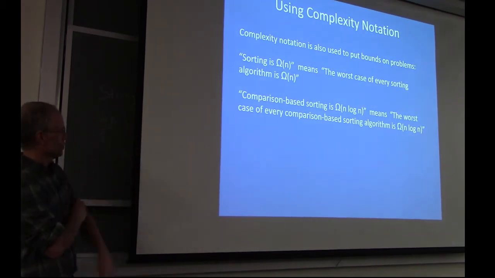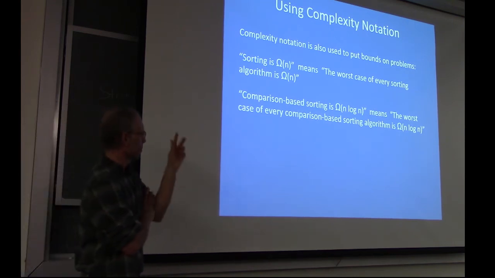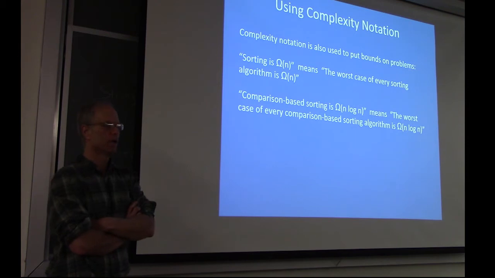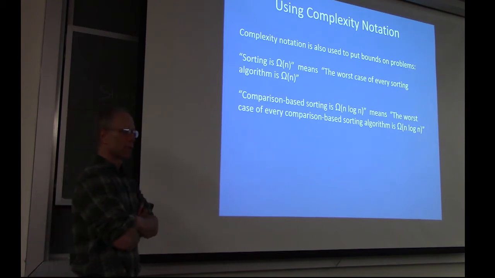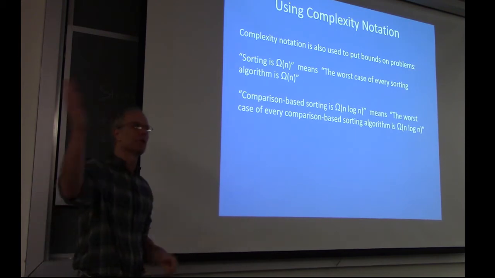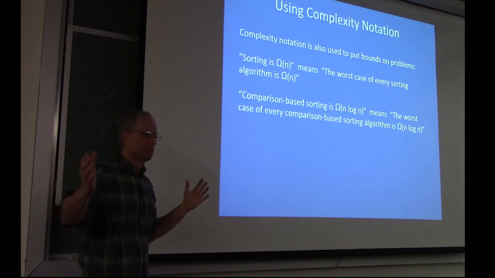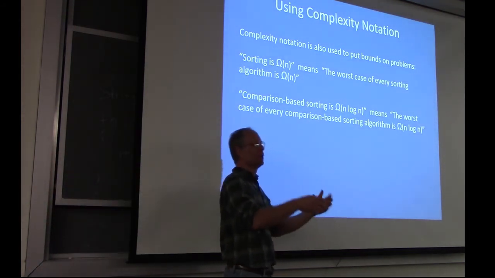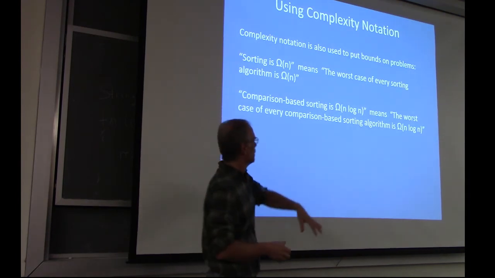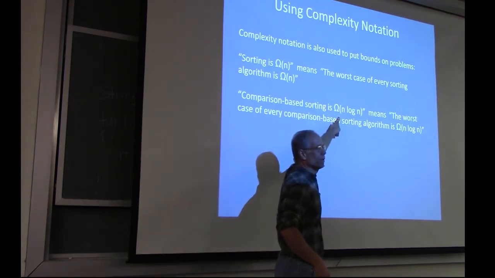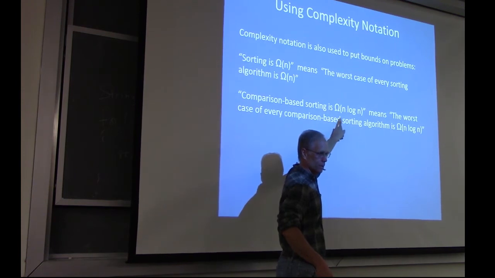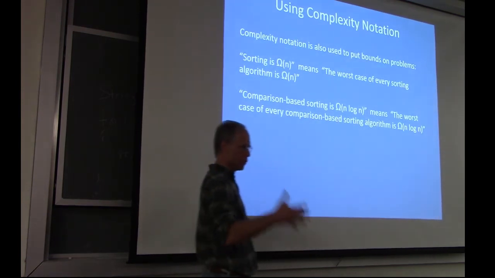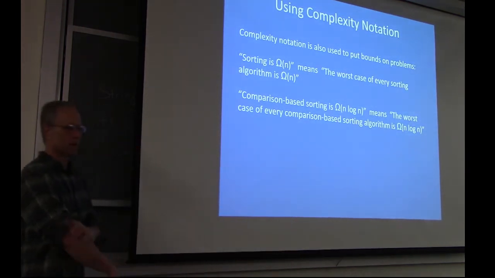When I say that the comparison-based sorting problem is omega of n log n, I'm saying that any algorithm that has been discovered or is yet to be discovered can't beat that bound. That's like a universal limit. In this universe, you can't sort better than n log n, comparison-based sorting.